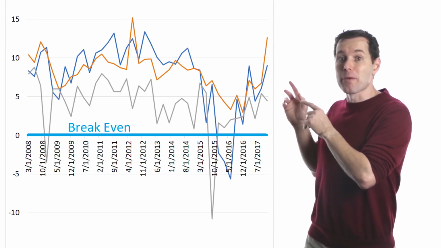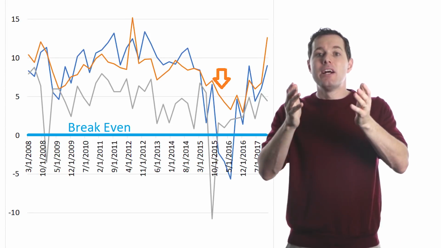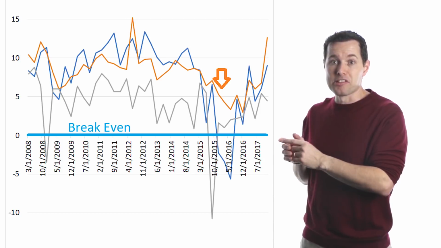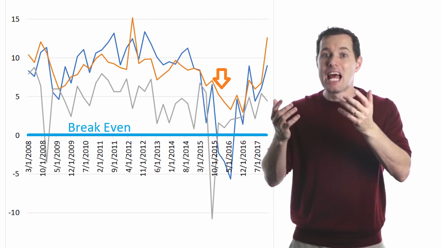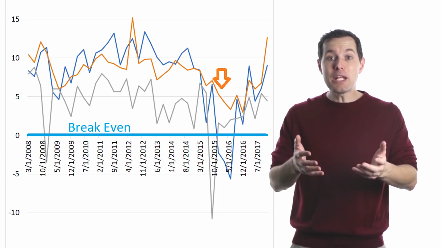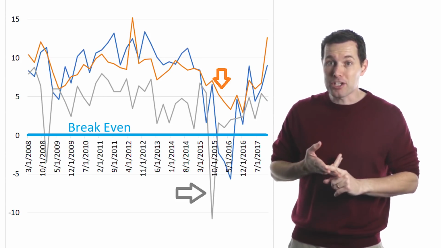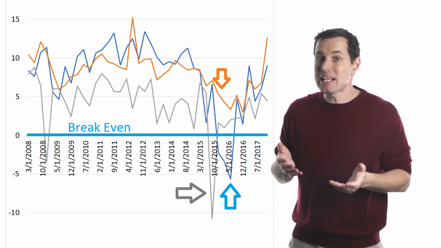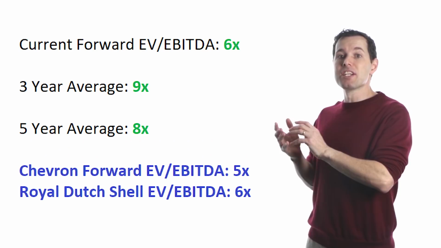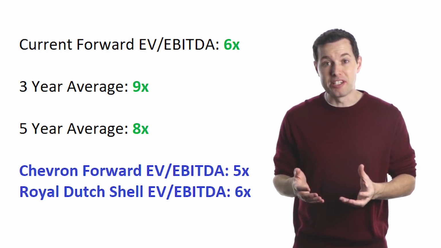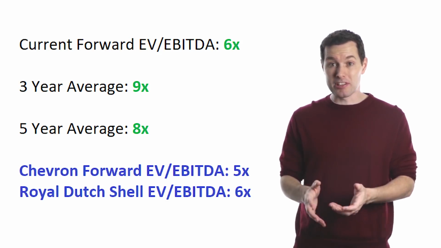This was the chart that I showed in that video, and this orange line is Exxon's profit margins. As you could see, despite the collapse in oil back in 2015, Exxon remained positive. Meanwhile, Shell lost money, and so did Chevron. So with this in mind, it makes sense to me that Exxon would be trading at a premium relative to peers. So now the question is, which multiple is the best multiple to use?